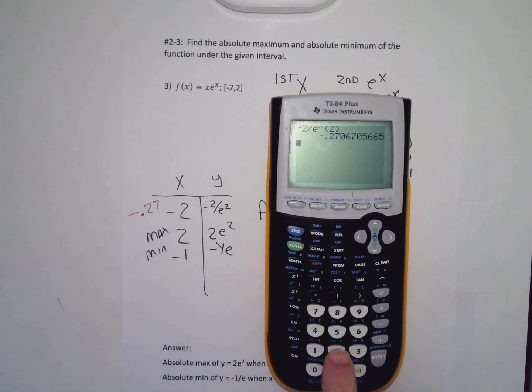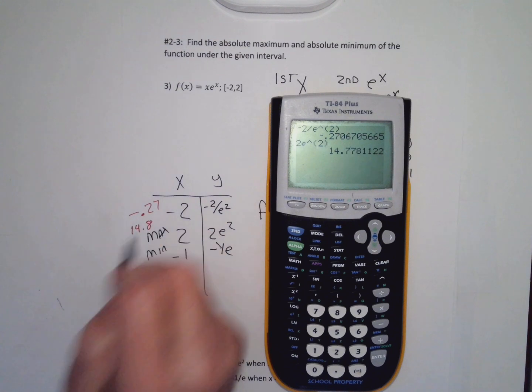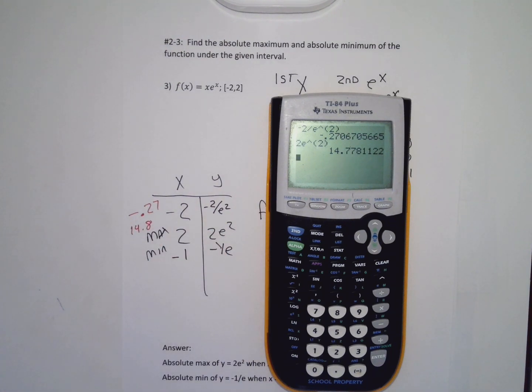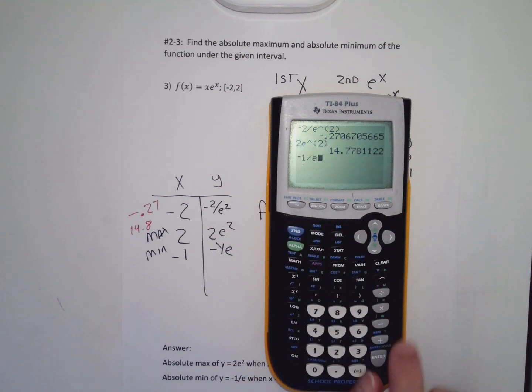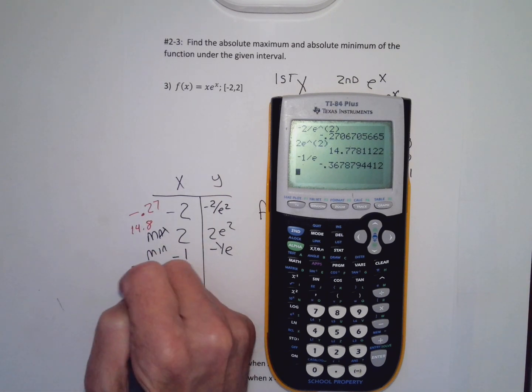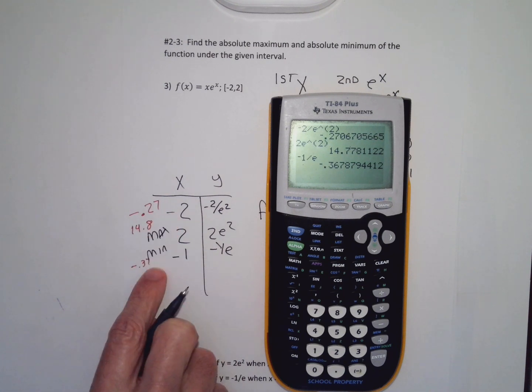And then 2 times e squared, my second is 14.8. It doesn't matter in terms of accuracy. Just need to be able to tell which is the biggest and which is the smallest. And then negative 1 divided by e without an exponent, negative 0.37. And this negative 0.27 is bigger than negative 0.37.